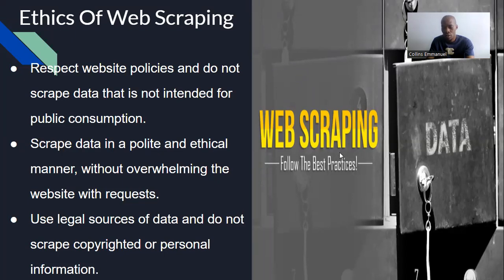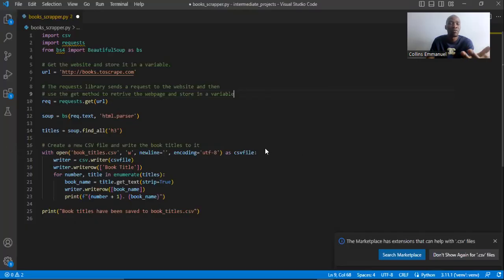So moving forward, this is a simple Python script that scrapes the titles of books from this website, books.toscrape.com.